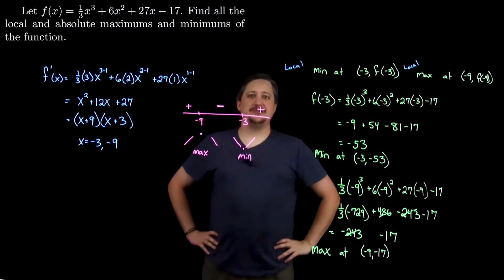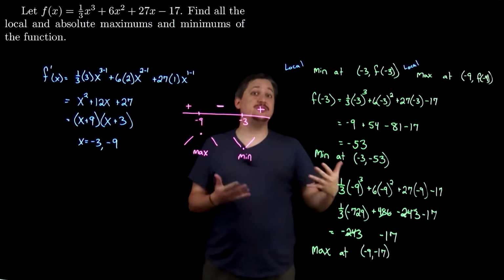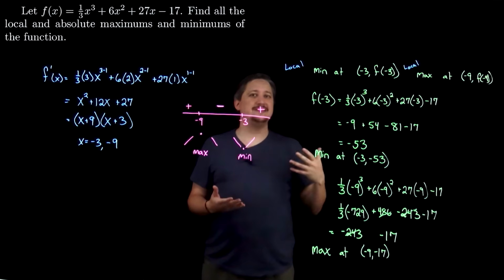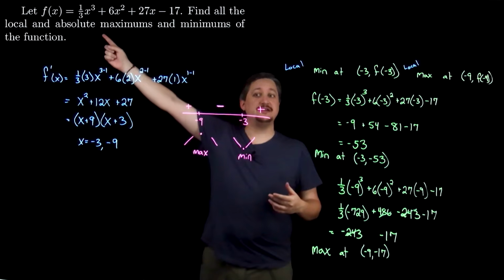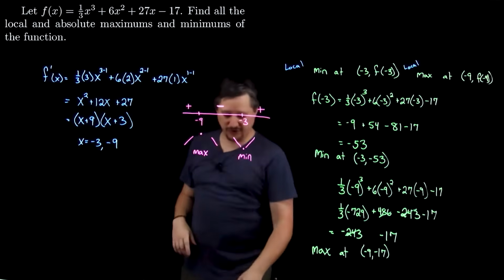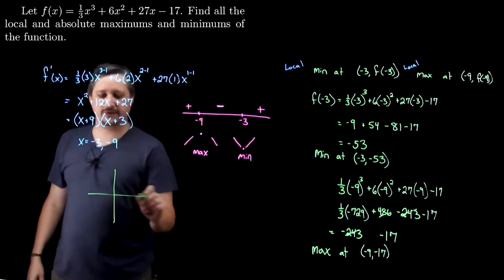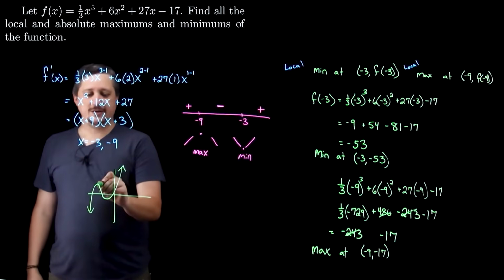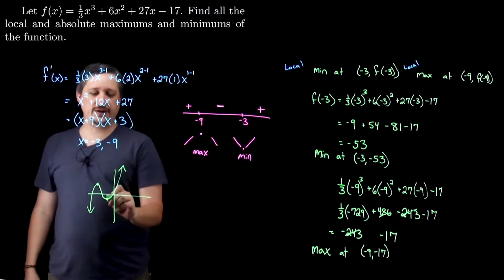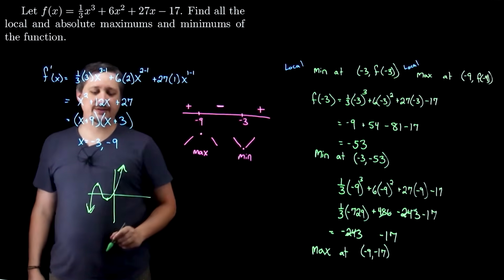Because this is one of those things we mentioned, it's really easy to get so wrapped up in doing the computation that you forget to even check if there is an absolute min or max. And in fact, our function is a cubic, right? So our function actually looks something like this-ish, where we have that max over here, the min over here, but since it's a cubic, it's going up in one direction and down in the other.